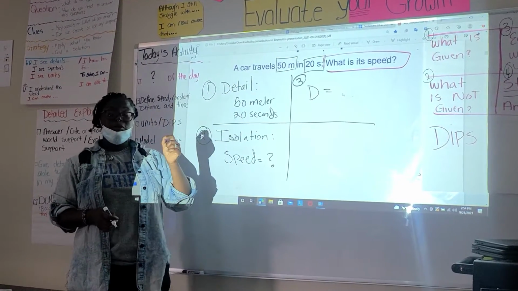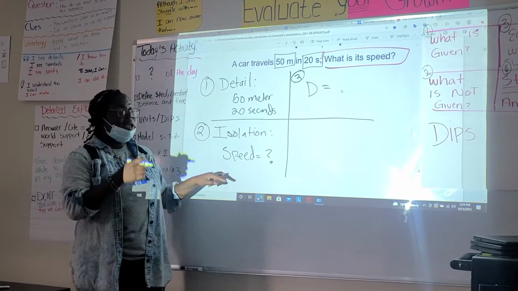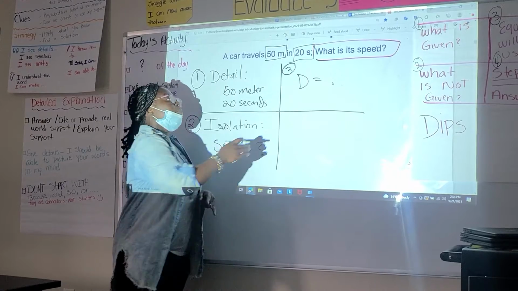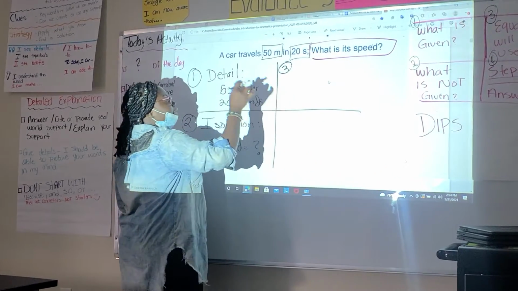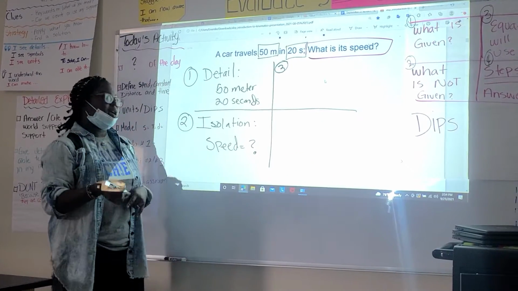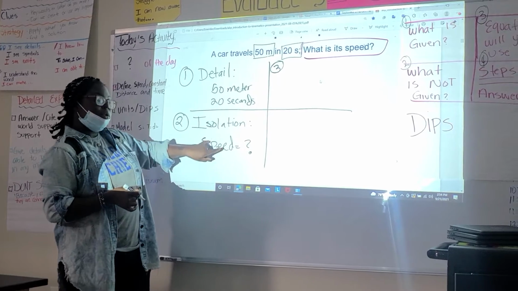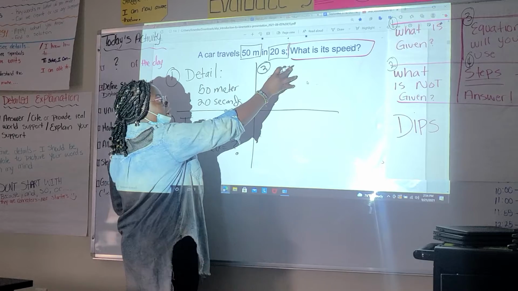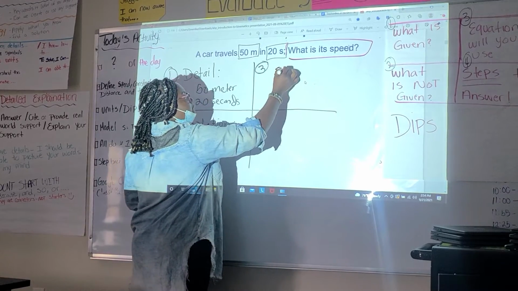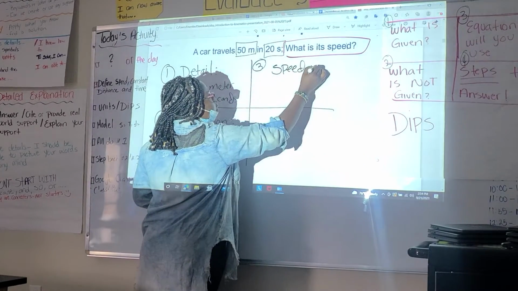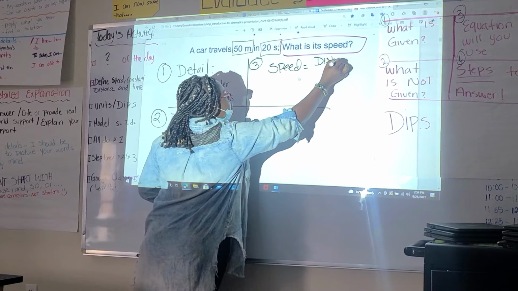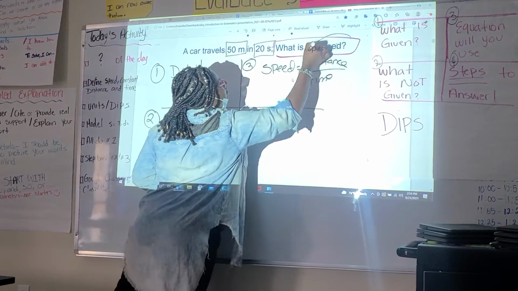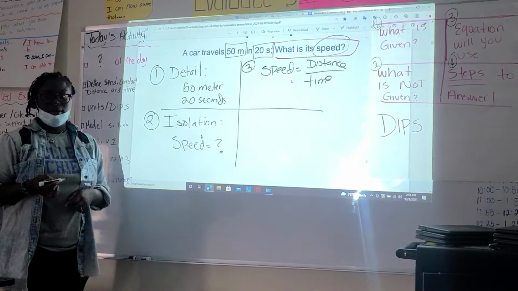If you're looking for speed, distance or time, speed equals, time equals, distance equals should match the equation that you're putting here. So speed equals distance over time, because that's what the question asks you to find anyway.